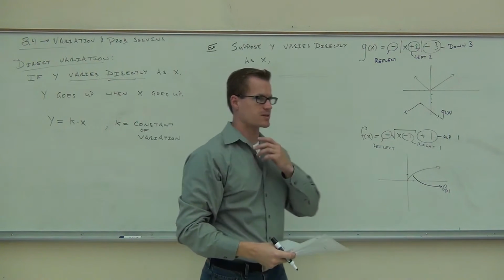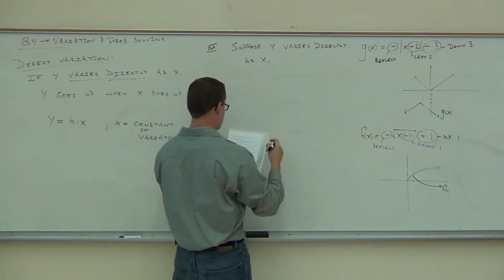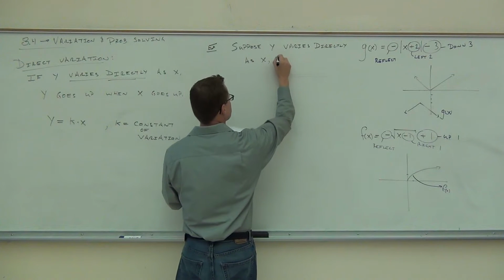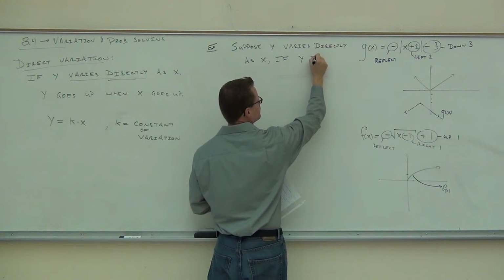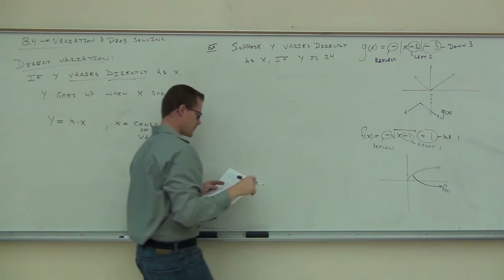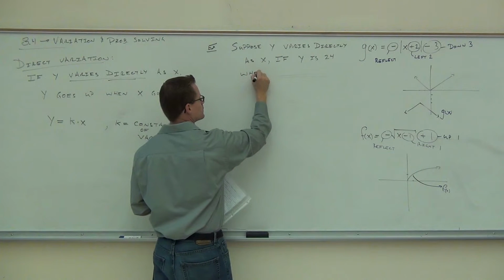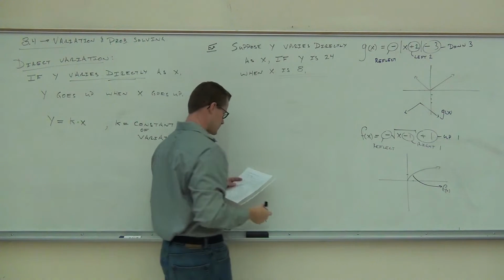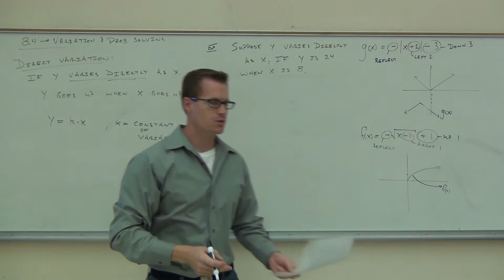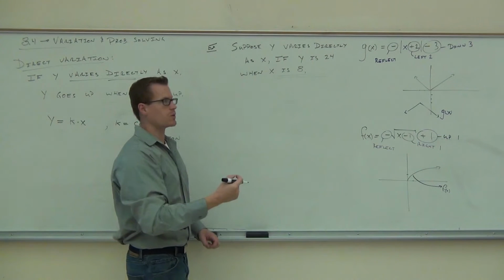That right there tells you how to set up your equation. If y is 24, when x is 8, what I want to do is find k and set up the direct variation equation.